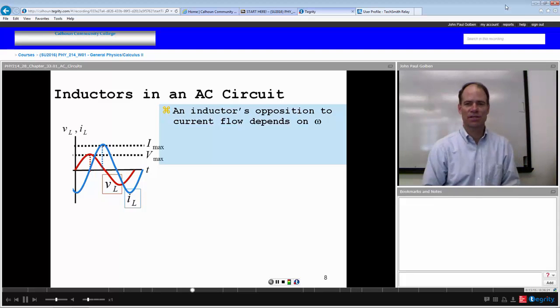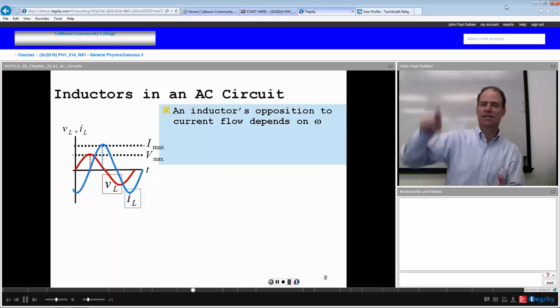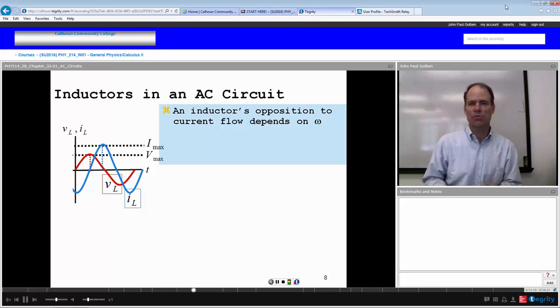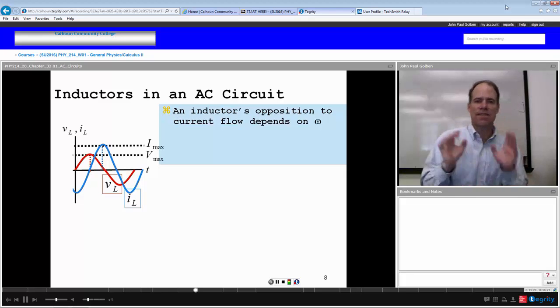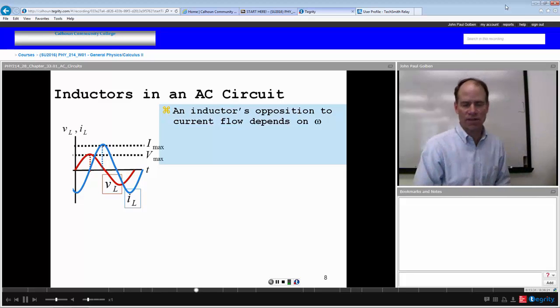In particular, if we had a current going sinusoidally, and if it had a large angular frequency, omega, then it might be changing like this, which is changing quite rapidly, quite a lot, and hence that inductor will have a lot of influence on our circuit.